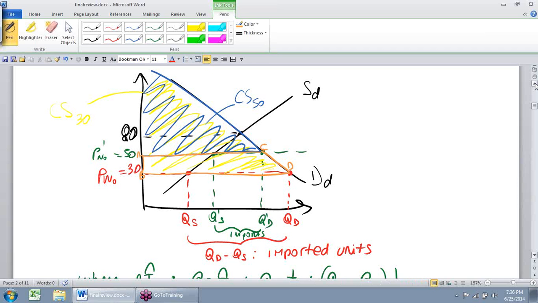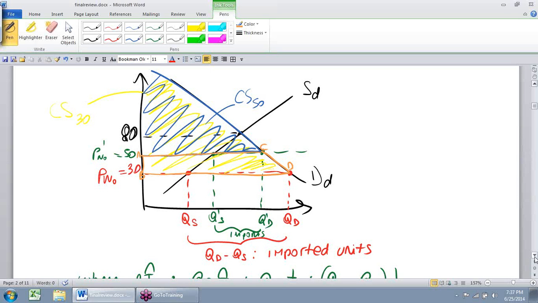The consumer surplus is above the price and below the demand curve. The producer surplus is above the supply curve and below the price. Okay? So for now, we're considering only the consumer surplus. So the consumer surplus has decreased by area A, B, C, D.